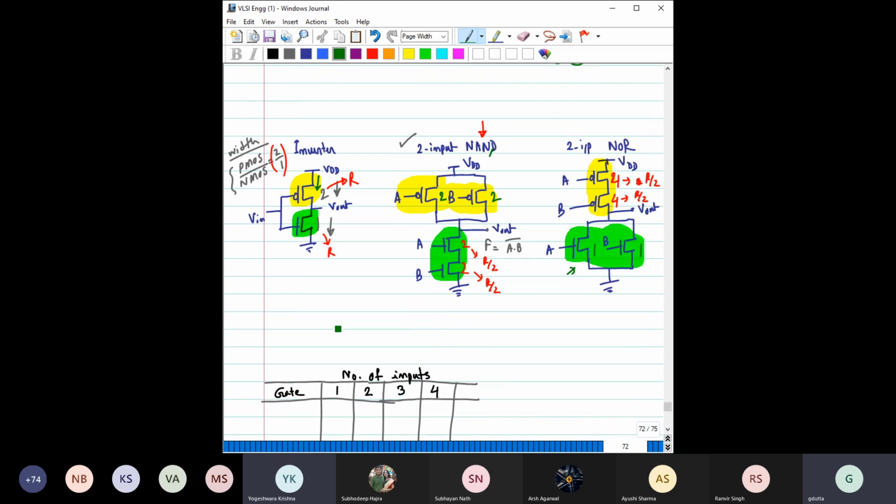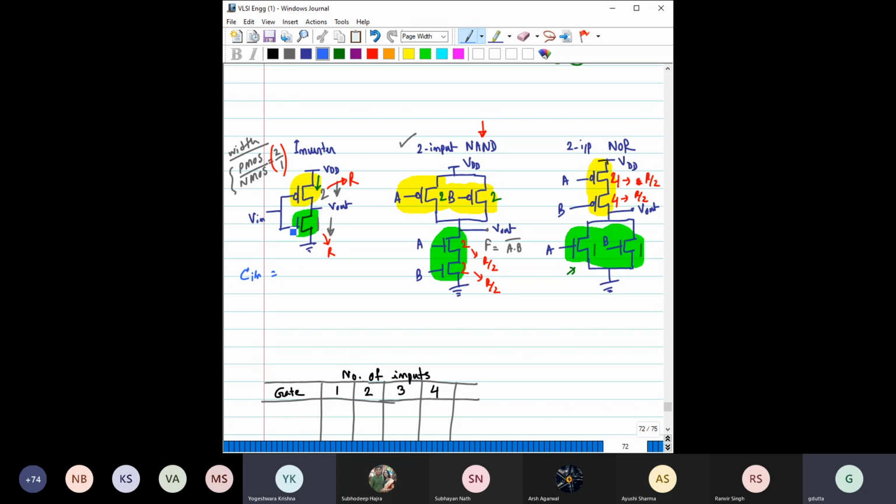Then what is the input capacitance for this inverter? See, 2 units. Whatever the capacitance here, everything will be multiplied by 2. So this is 2 and here it is 1 unit.